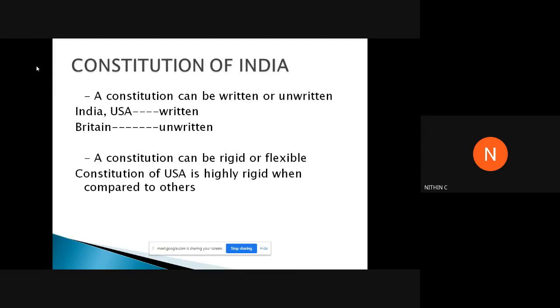Okay. Coming to the next point, a constitution can be rigid or flexible. I think you know the meaning of these two words, rigid and flexible. Rigid in the sense we cannot make much changes to the constitution. If a constitution that we form at the start cannot make further changes, then that kind is actually called a rigid constitution.